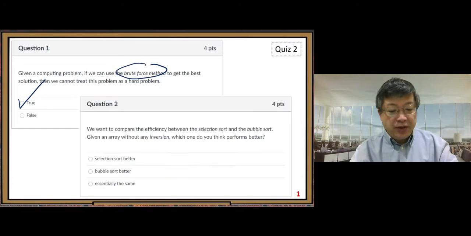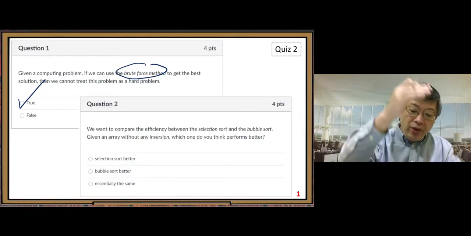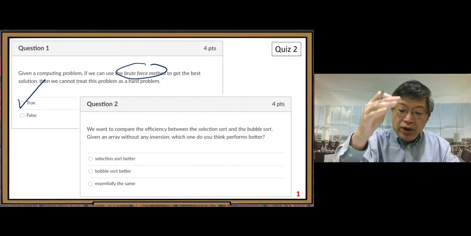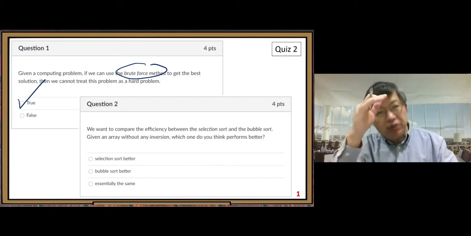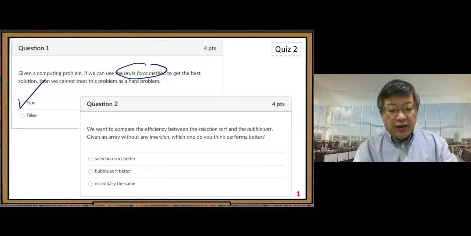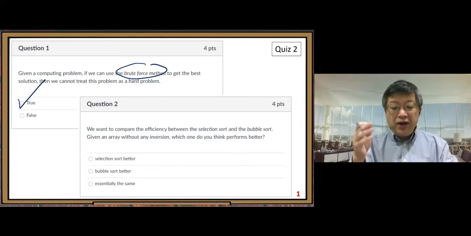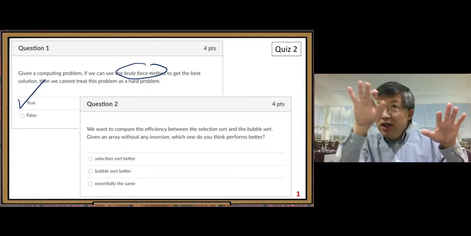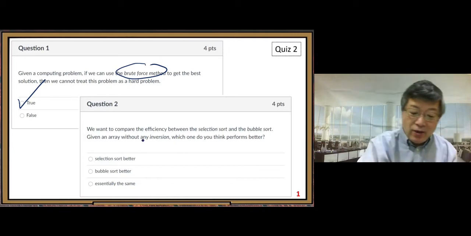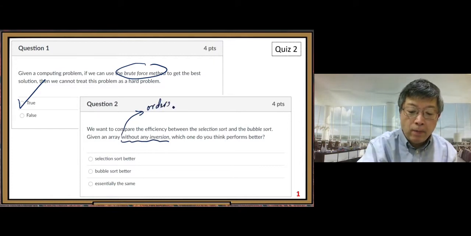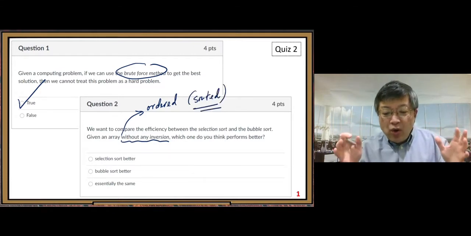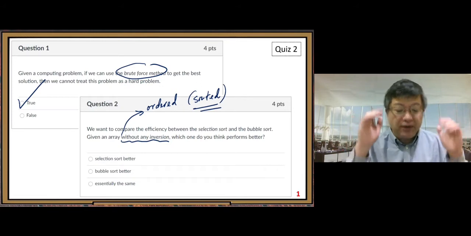The second question. We want to compare the efficiency between the selection sort and the bubble sort. Given an array without any inversion, increasing order, right? Without any inversion. So that means the array is an ordered array, already sorted. In that situation, which one do you think performs better?